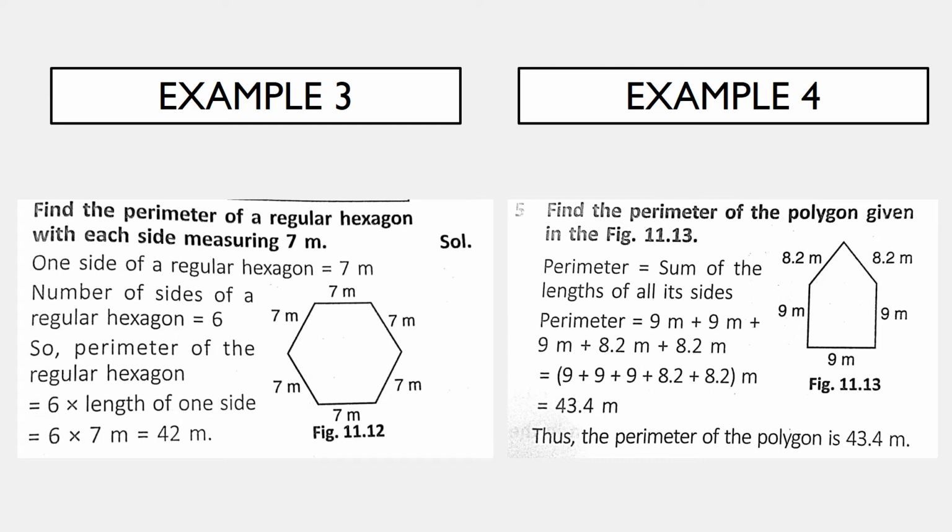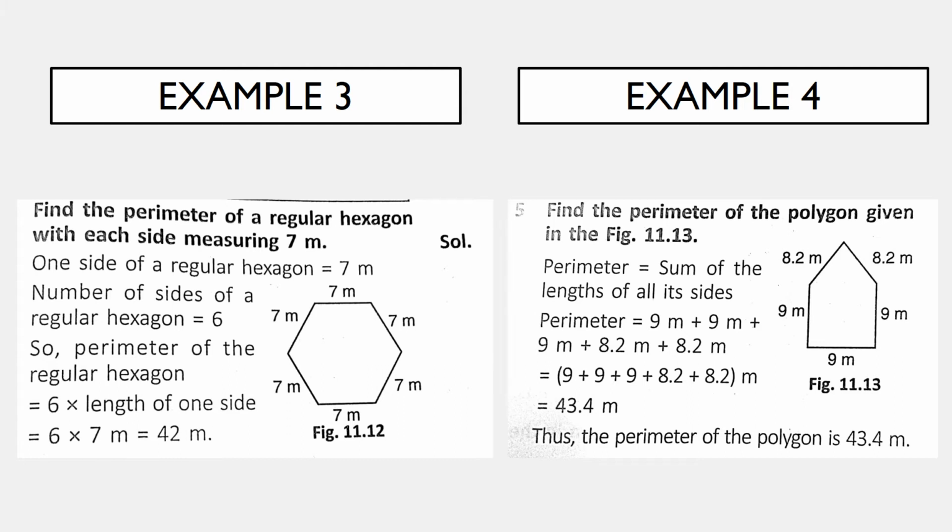Another example. Find the perimeter of a polygon given in figure 11.13. You can see here the figure is shown. Now it is a pentagon, but it is an irregular polygon, because all sides are not the same. Perimeter of the irregular polygon is equal to the sum of the lengths of all the sides.